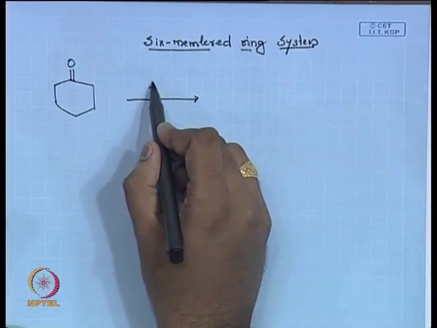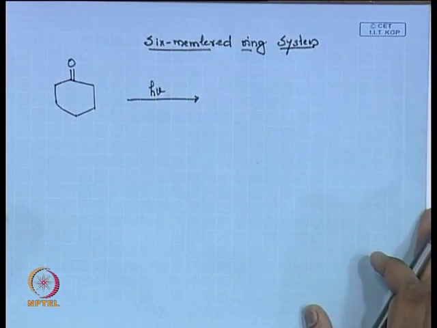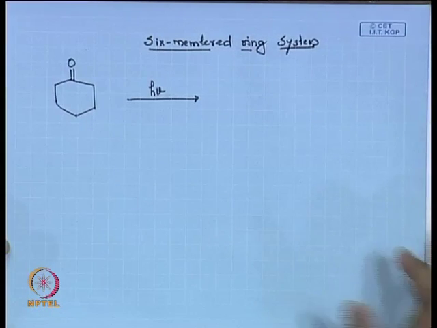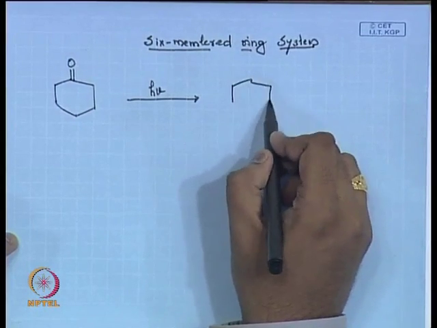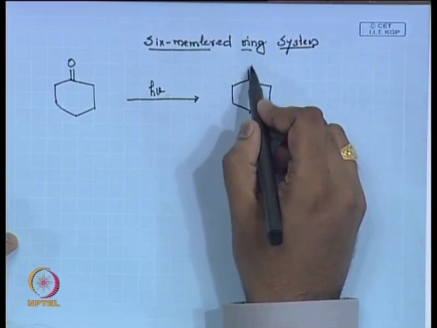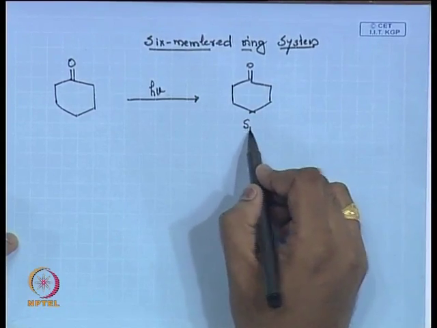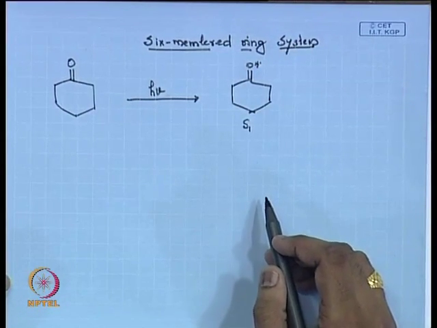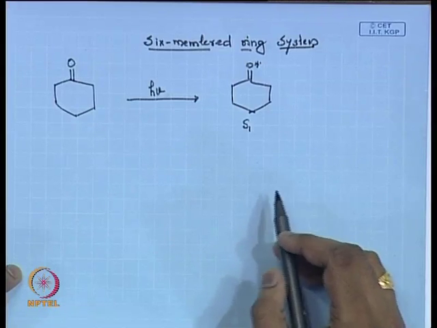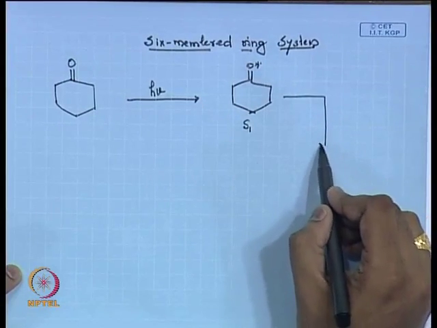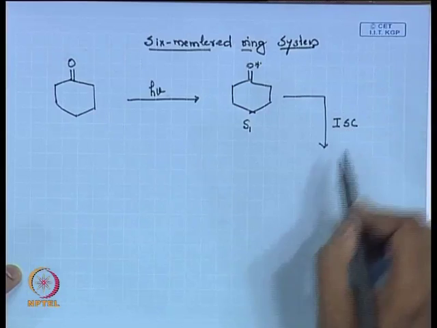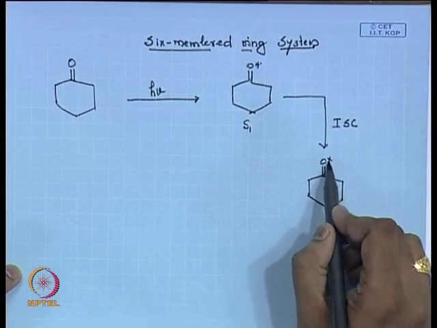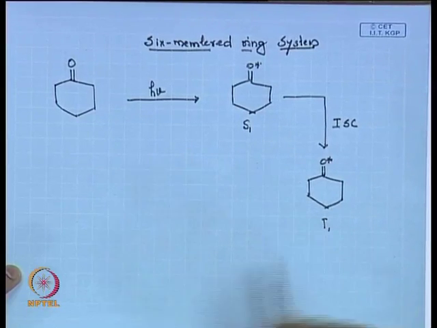So, you know once I shine light, what happens? It gets excited to its singlet state, and like cyclic systems also, it undergoes intersystem crossing to give me my triplet.